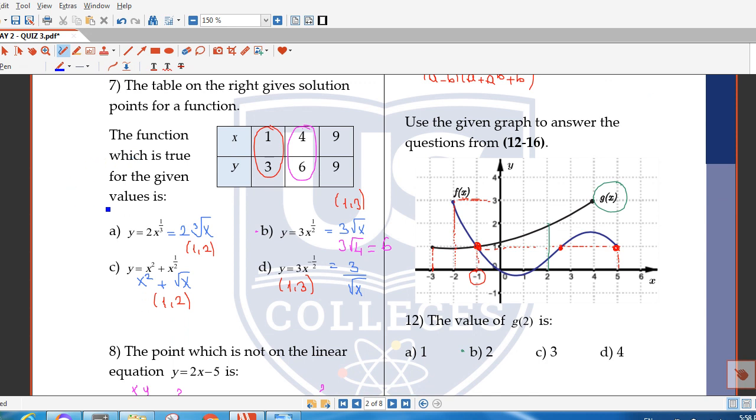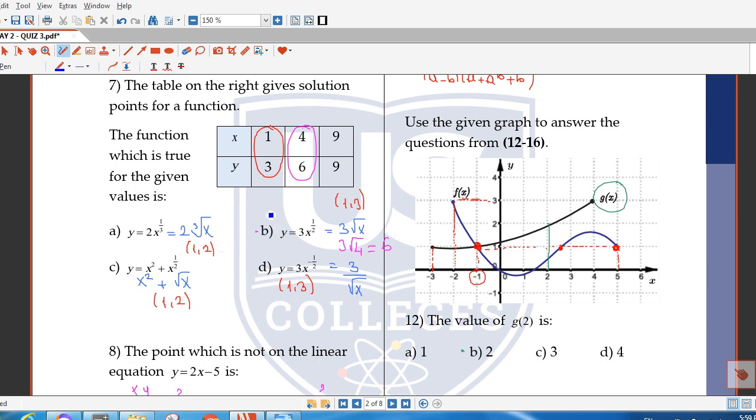Question 7, there is a table, and which table will be true for the given functions. For each function we have a rational power, so let me write one more step. 2 times x to the power of 1 over 3 means 2 times the cube root of x, and 3 times x to the power of 1 over 2 means 3 times the root of x. x squared plus root of x and 3 over root of x are the functions. So on the table, each column is going to show us an ordered pair. 1 and 3 is a point, 4 and 6 another point, 9 and 9 is the third point.